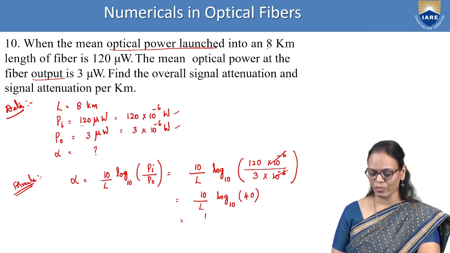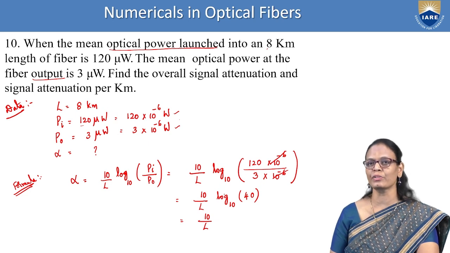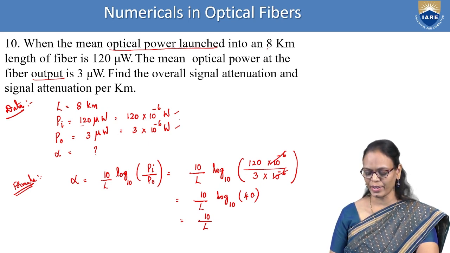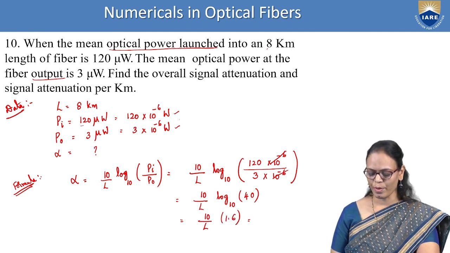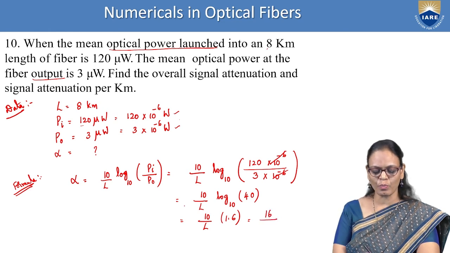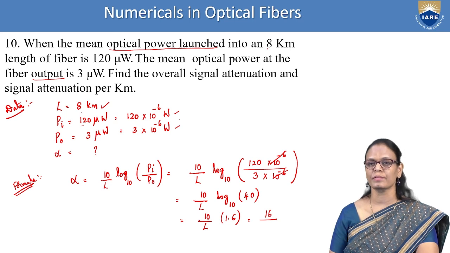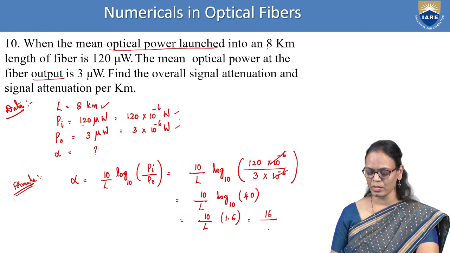And we know from the logarithm books or using your calculator, you can find the value of log 40 to the base 10. That will be 1.6. Now 1.6 into 10 is 16 and the value of L is 8. So 16 upon 8 will give us 2 dB per kilometer.